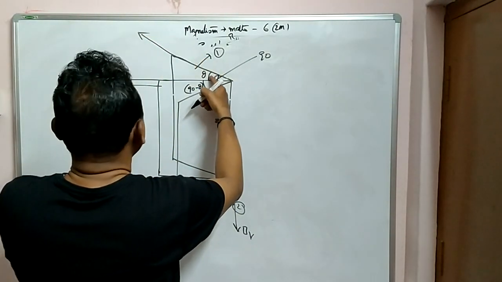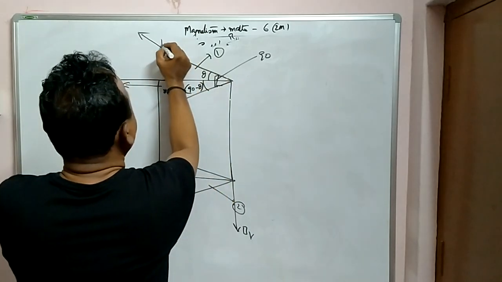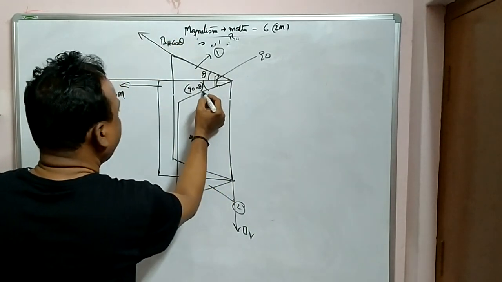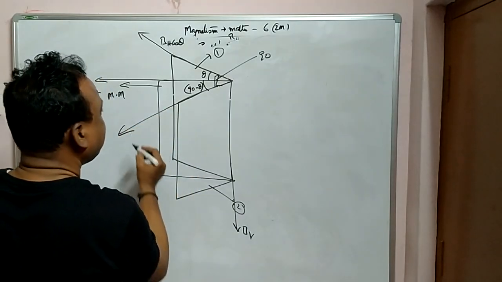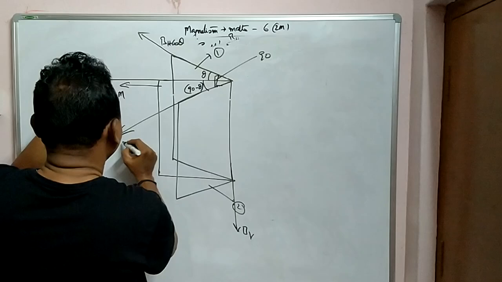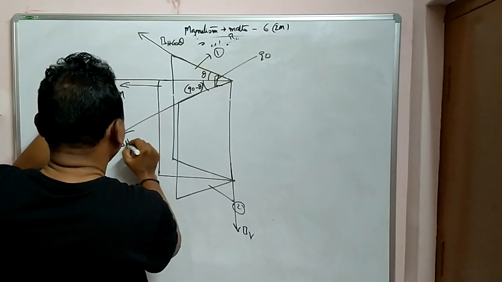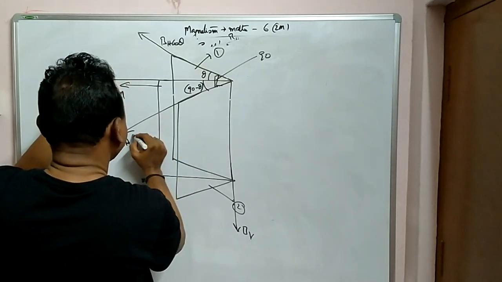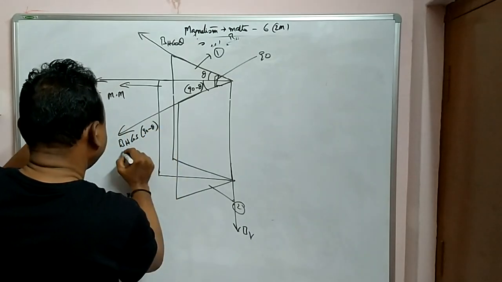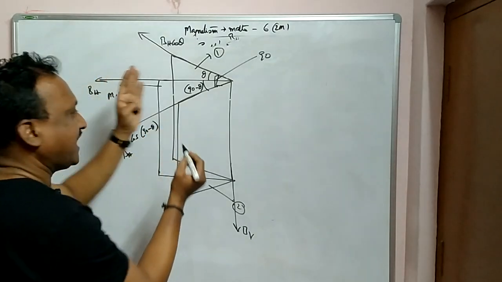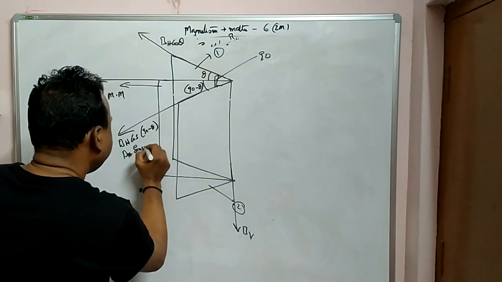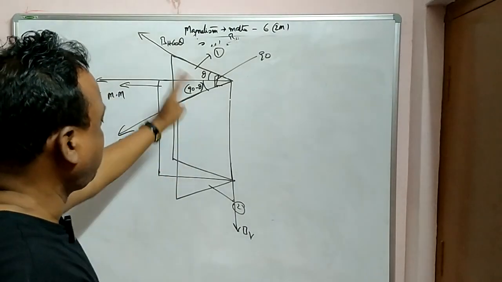This is theta, so this becomes BH cos theta. And what about this component? The angle is here, this is BH. So this will become BH cos 90 minus theta, which is nothing but sin theta in the first quadrant. So BH sin theta. So these are the two planes.